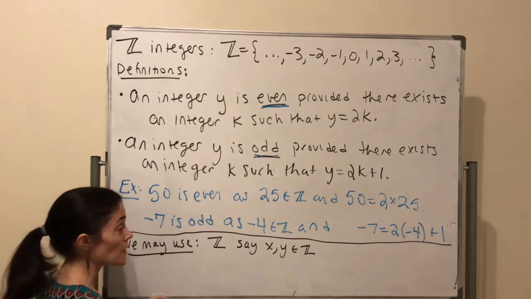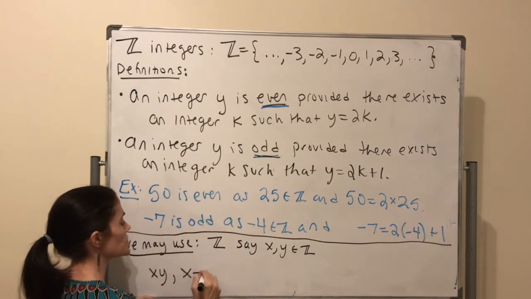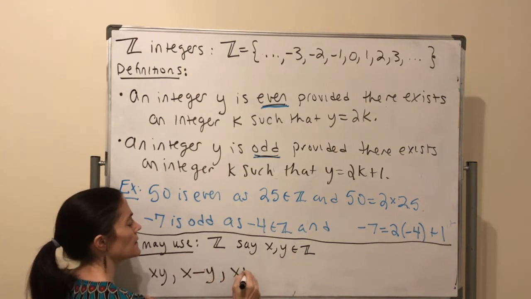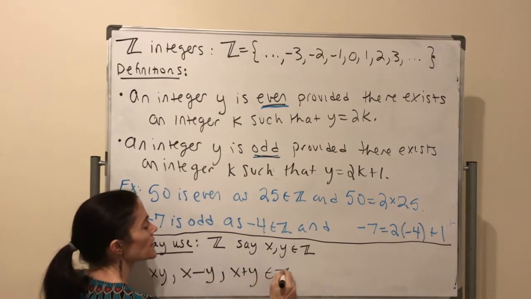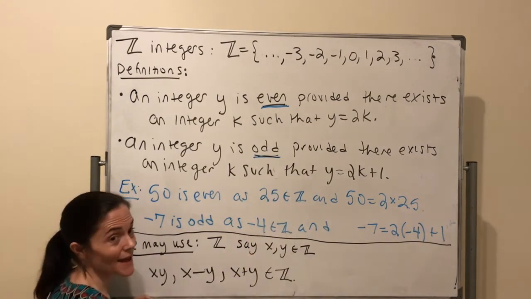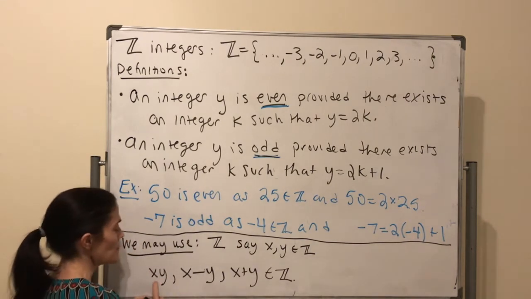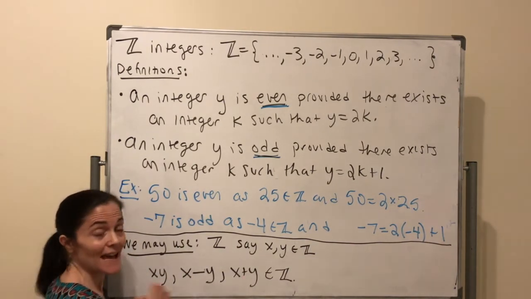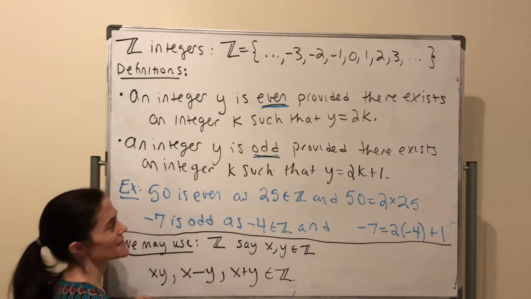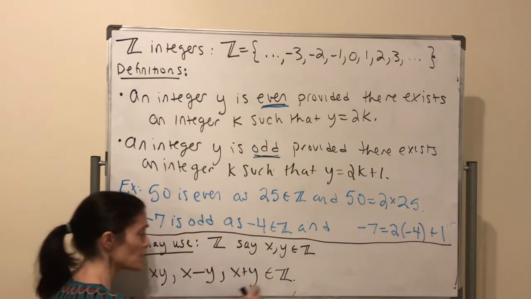Immediately, I know the following. I can multiply, I can subtract, and I can add. And all of these are integers. We kind of see this here, 2k plus 1. Okay, but take any integers, multiply, subtract, add, and you have an integer. And this is something we can use. For instance, and we will even see in our proofs of even and odd that we use this.